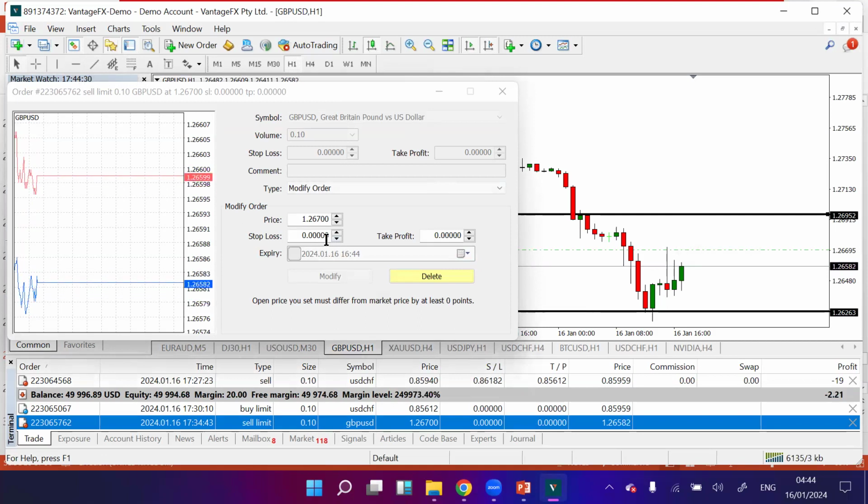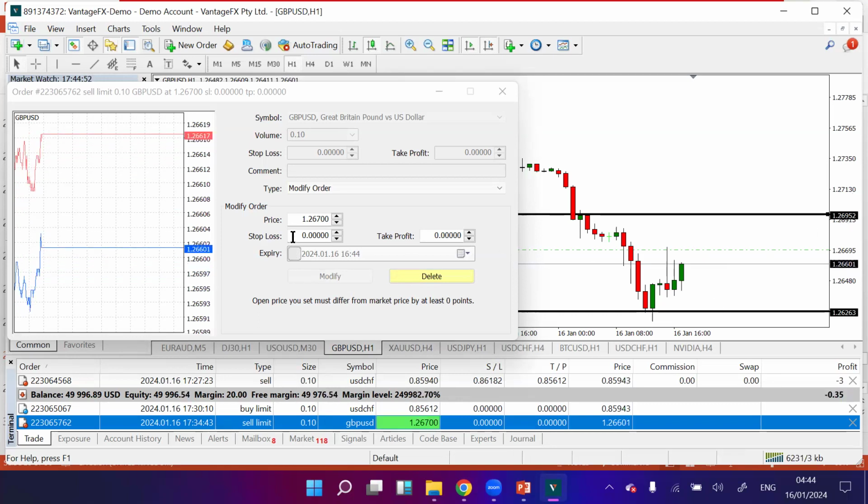Now, just like for ordinary trades, which are active trades, market orders, for a pending order you can also modify it. You can say modify or delete. Modify is not highlighted because we've not put our parameters, our numbers, there. So let's put them in now. We're expecting a sell trade here, so we put a sell limit. For stop loss, we're going to have 1.26952.